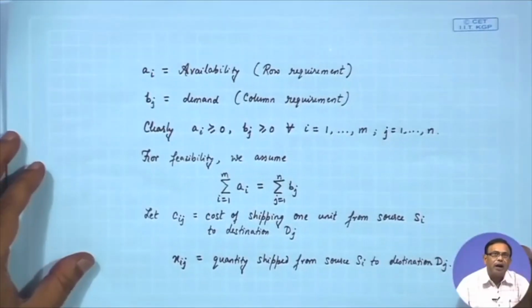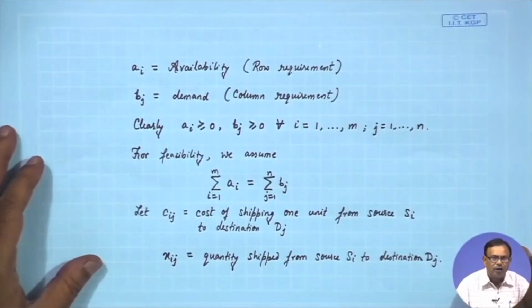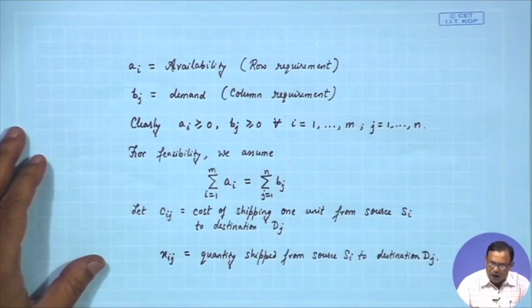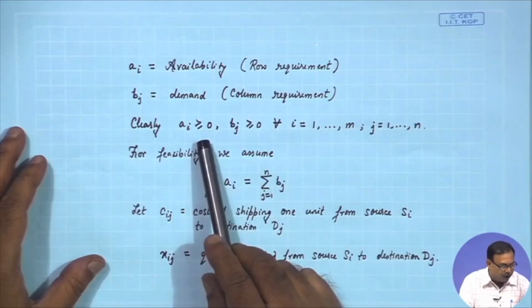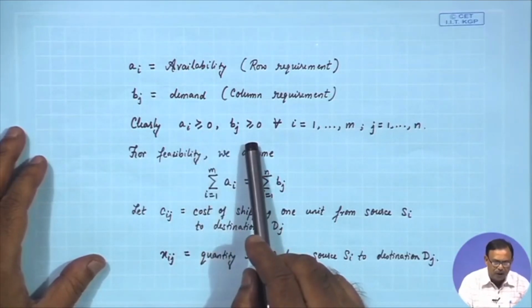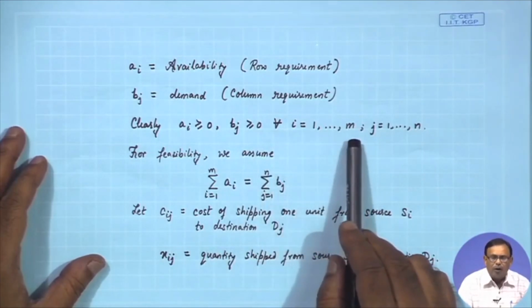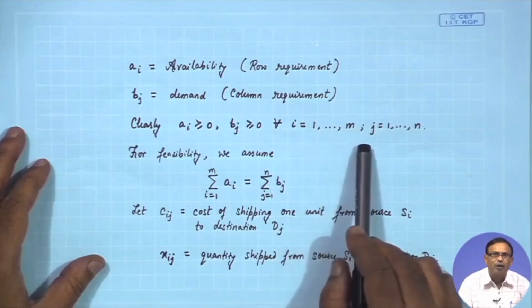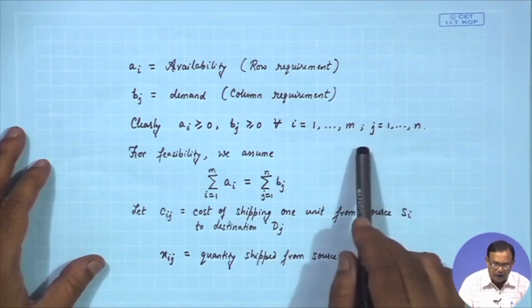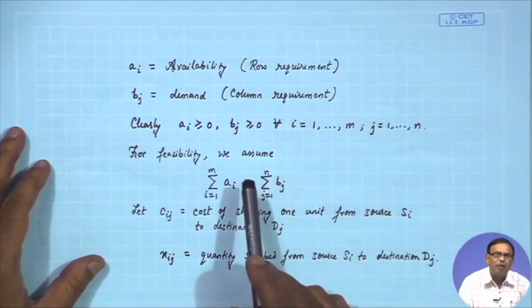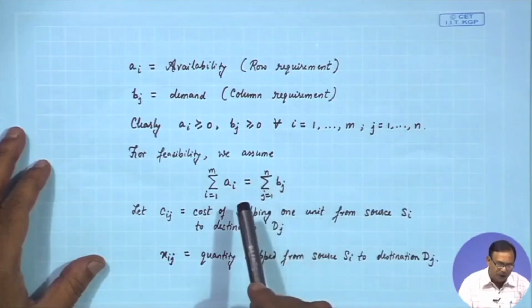If the problem is not balanced, then we add either a dummy source or a dummy destination to balance that particular problem. We are assuming that a_i equals availability, which we call the row requirement, and b_j equals demand, which means this is the column requirement. Clearly, a_i should be greater than or equal to 0 and b_j should be greater than or equal to 0, where from the original problem there are m sources, so i takes values from 1 to m, and there are n destinations, so j takes values from 1 to n. For a balanced problem and for feasibility, supply and demand should be equal.